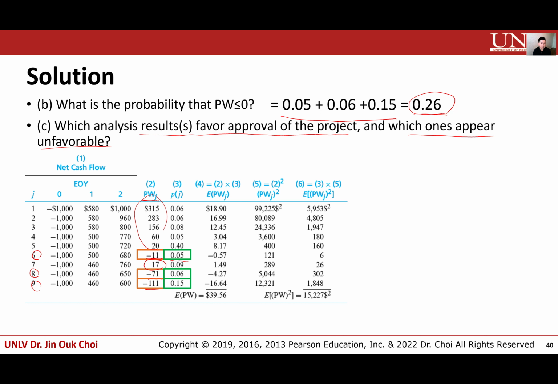The analysis results that favor approval of the project are the expected value, which is $39.56, greater than 0 only by a small amount, and the probability that present worth will be greater than 0, which is 100% minus 26%, or 74%.